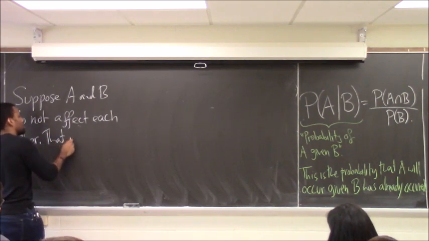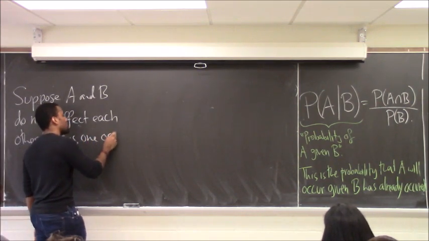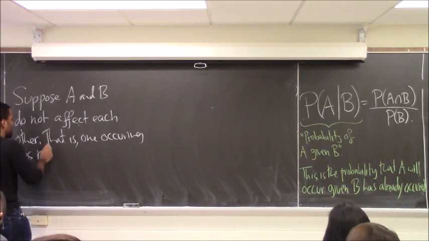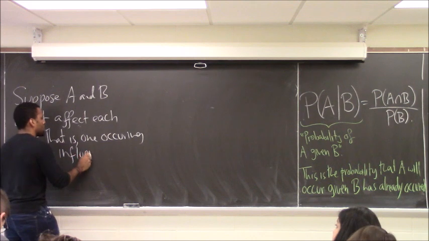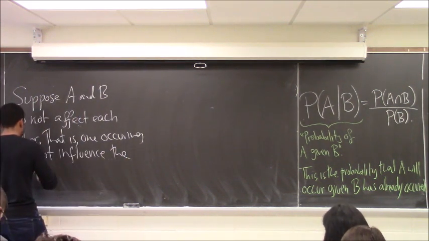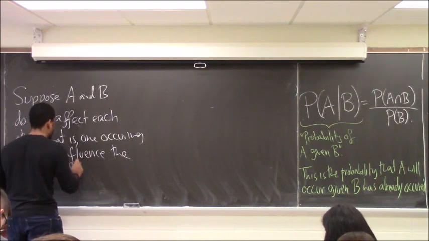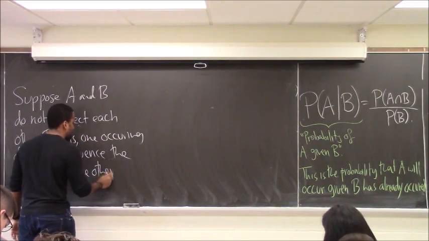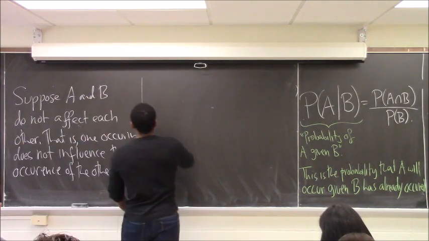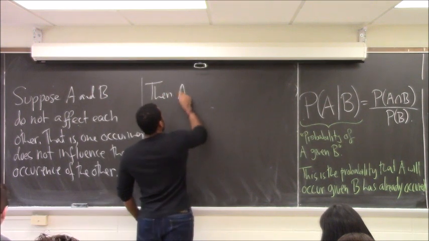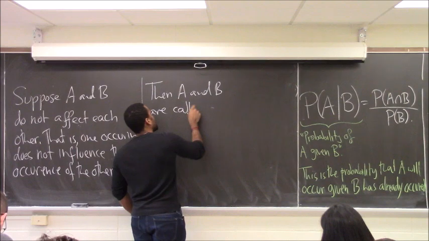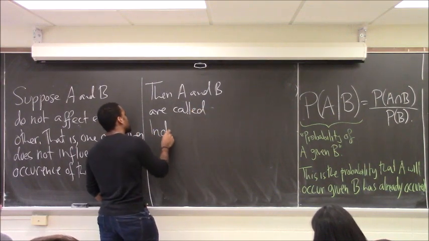That is, one occurring does not influence the occurrence of the other. Then A and B are called independent events.